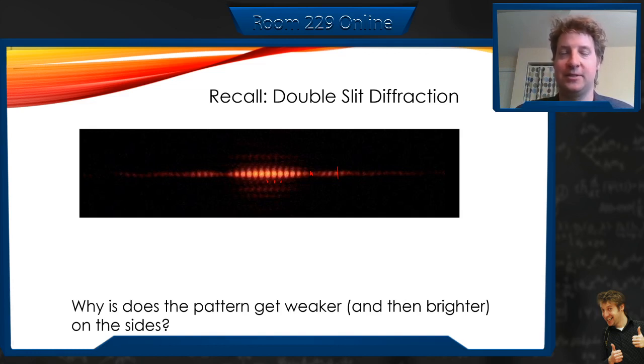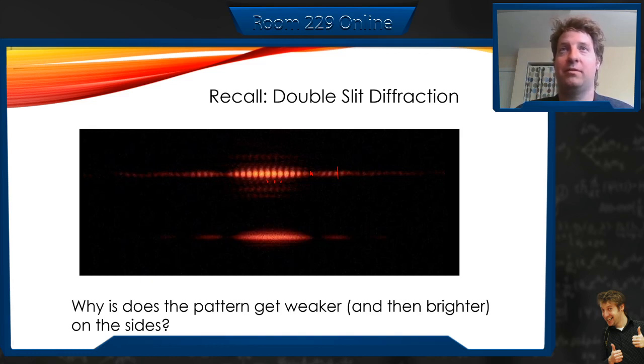And really the reason is because of the slit itself. If I cover up one of them, I'm going to end up with this pattern. This is the diffraction pattern that actually happens just from there being an aperture. This is purely from there just being a tiny little opening for, in this case, this red laser to go through.